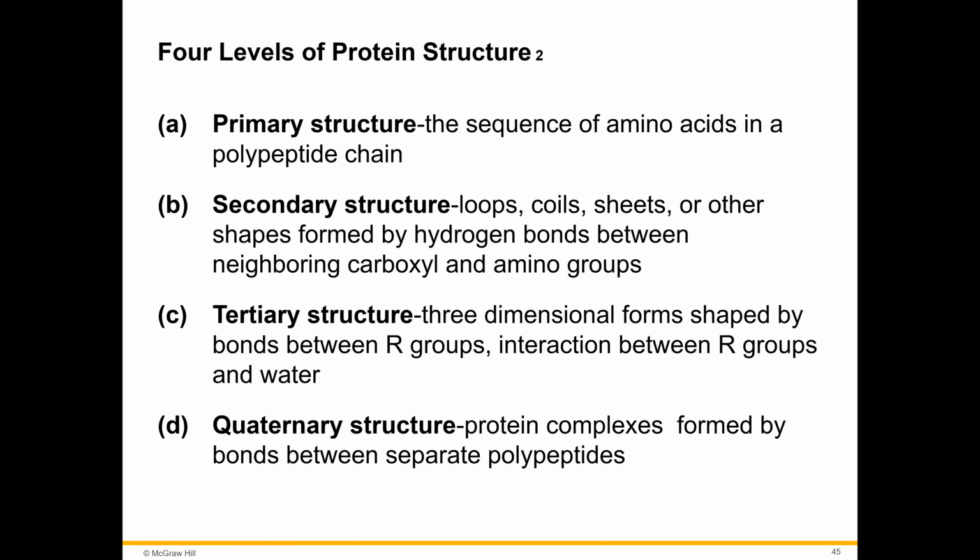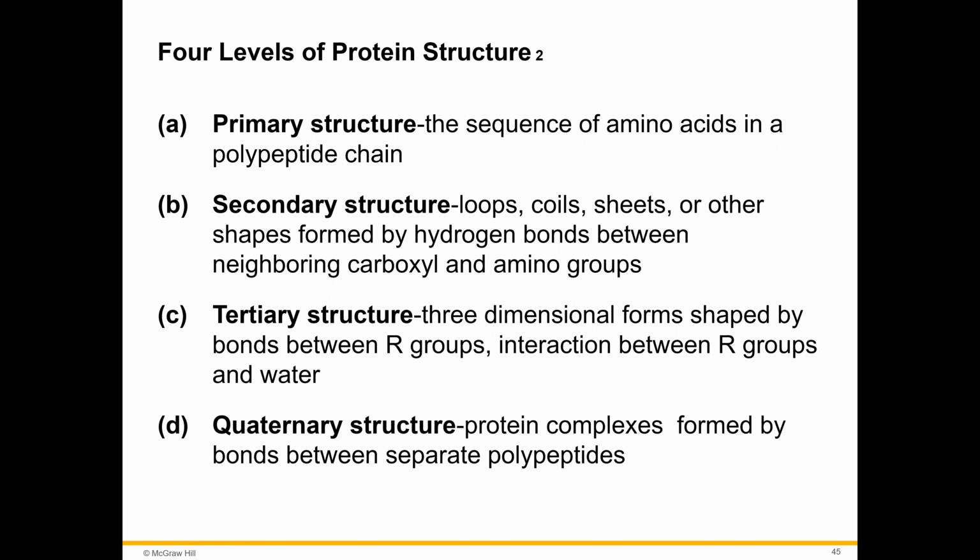Now, the proteins must be folded precisely in this 3-dimensional shape and form. If we have misfolded proteins, then the protein might not function properly.